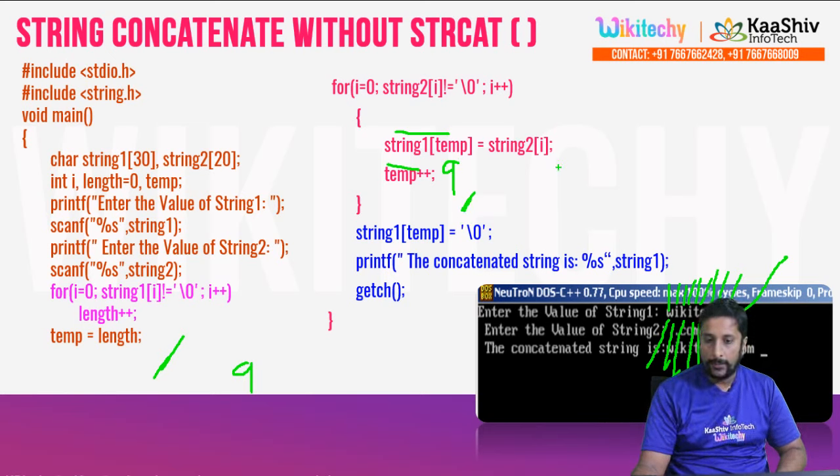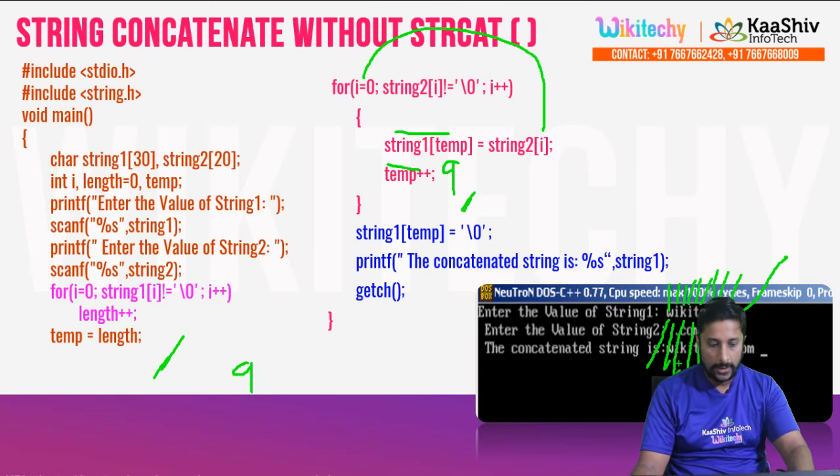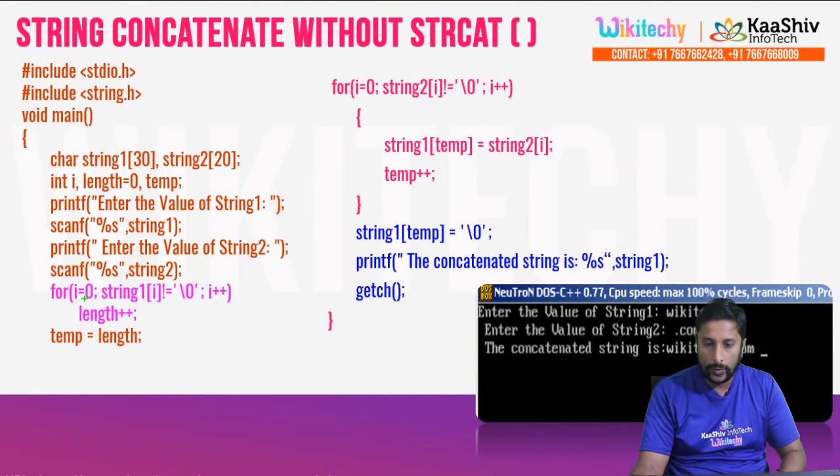To that I'm trying to add the 0 here. 0 is nothing but .com. Over here, string1[9], to that I am trying to add string2[0], string1[10], because I am incrementing it with temp plus plus, it became 10, and i plus plus will become 1 here.